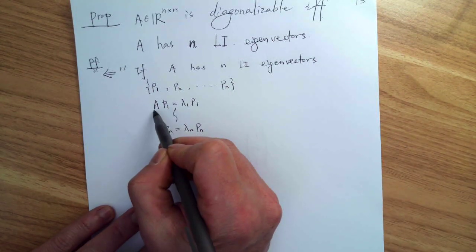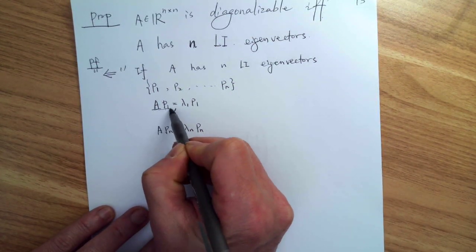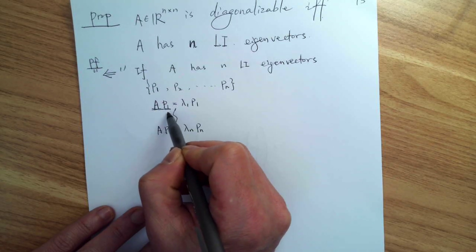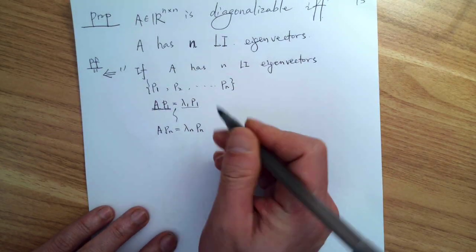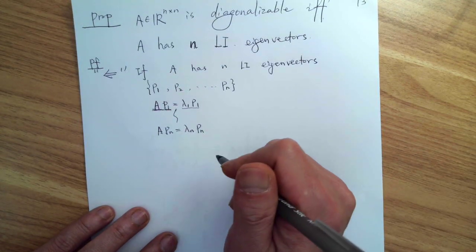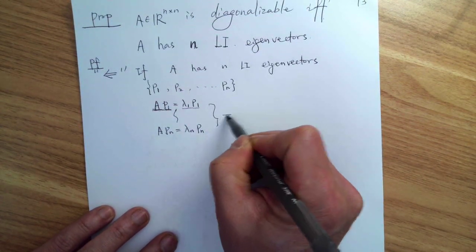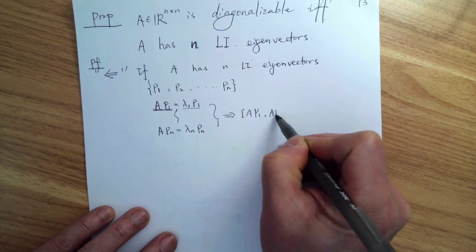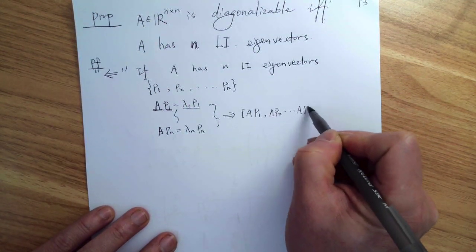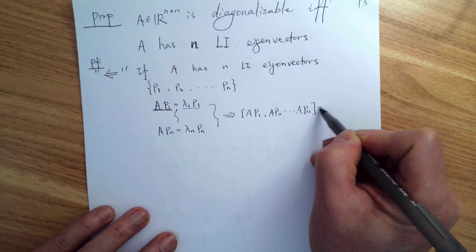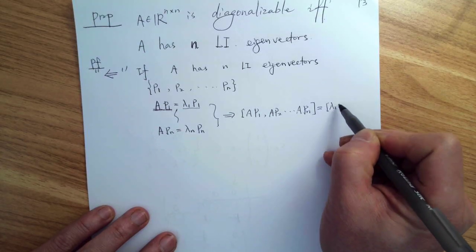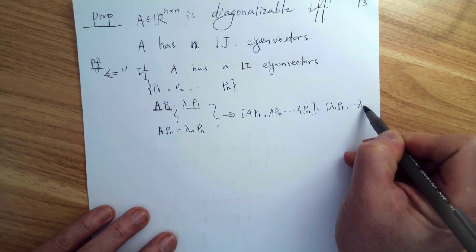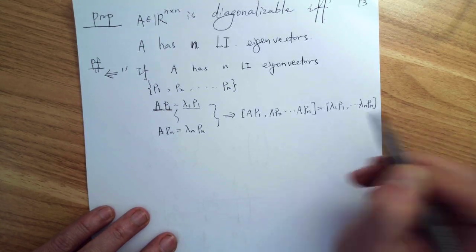And we know that A p1, this is a matrix times a column vector, equals a column vector. So each one here is a column vector. If we put them together side by side, we can put them in one bracket. That gives me a matrix on the left hand side. And then we do the same thing for the corresponding right hand side.